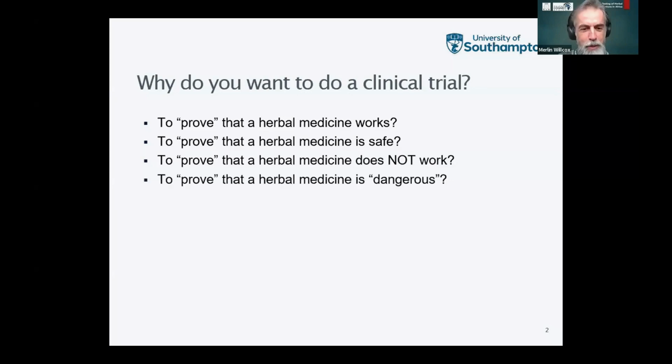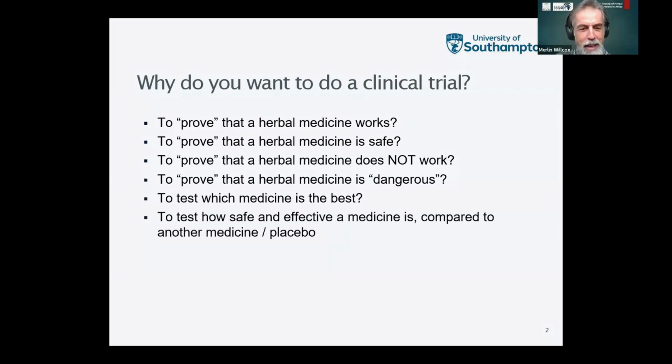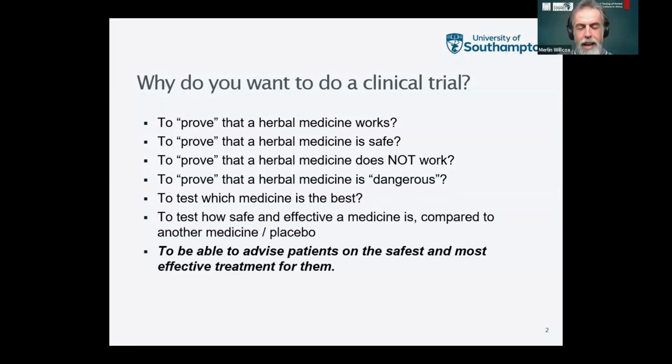Some people may want to do that, or to prove that it's dangerous, or to test which medicine is best, or to test how safe and effective it is compared to another medicine, or compared to a placebo. I think ultimately what I'm interested in as a doctor is to be able to advise patients on the safest and most effective treatment for them.